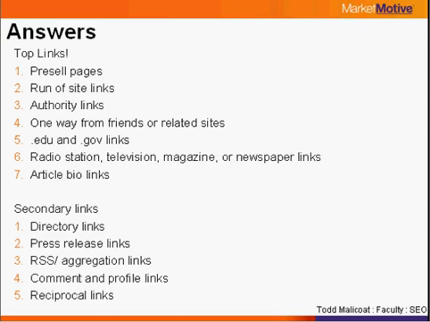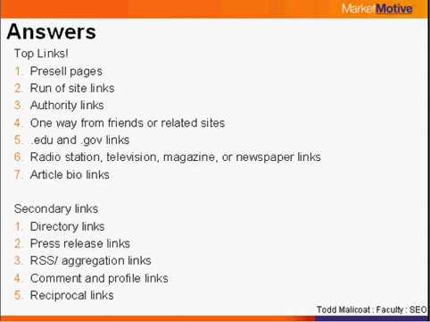Authority links, one-way links from friends and related sites, edu and gov links, radio station, traditional media links, article bio links. These are probably the top 7. These are the most effective types of links, and probably where you want to focus the majority of your efforts and time in terms of resources and really finances for the types of links that you get.